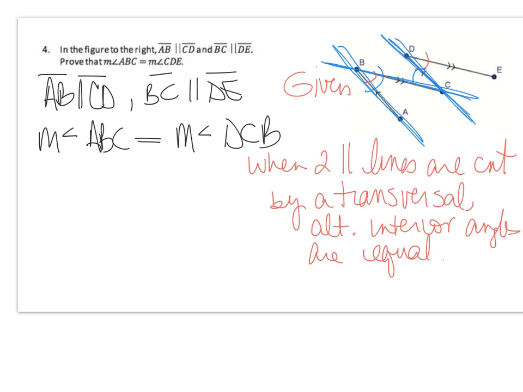Cool. Now, my drawing is going to get messy. I'm sorry. So now we need to look at these two parallel lines and this transversal. We'll say the measure of angle DCB is equal to the measure of angle, so we just did DCB, let's do EDC or CDE.